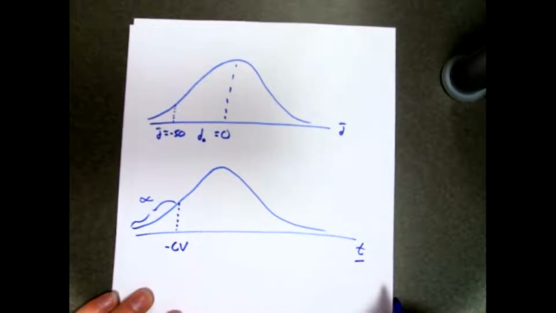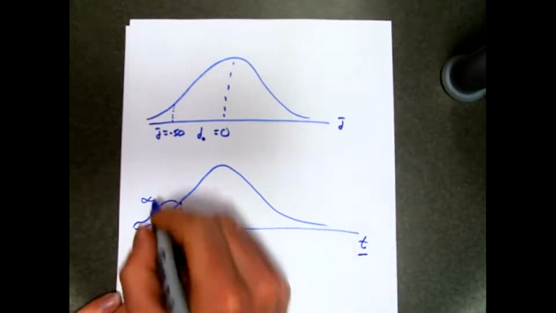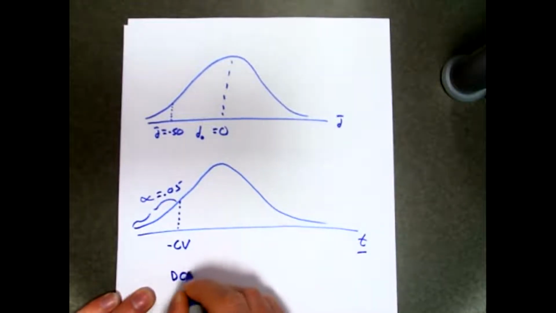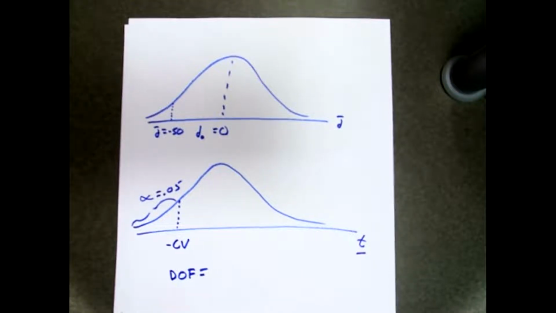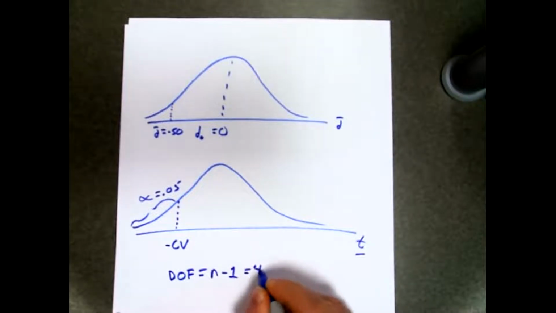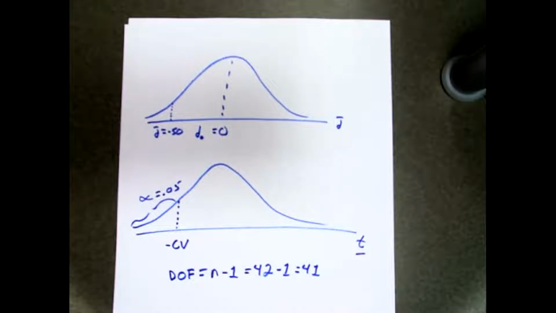From there, I know it's going to be a t value. I think the alpha will be 0.05, is what this problem told us. The other thing that we'll need is our degrees of freedom when we're dealing with a student t distribution, right? So the degrees of freedom when we have this mean difference, it goes back to a one population example where the degrees of freedom is just n-1. Our sample size was 42, so our degrees of freedom should be 41.